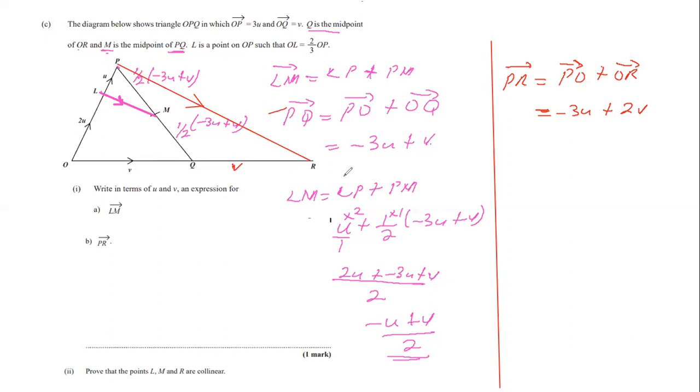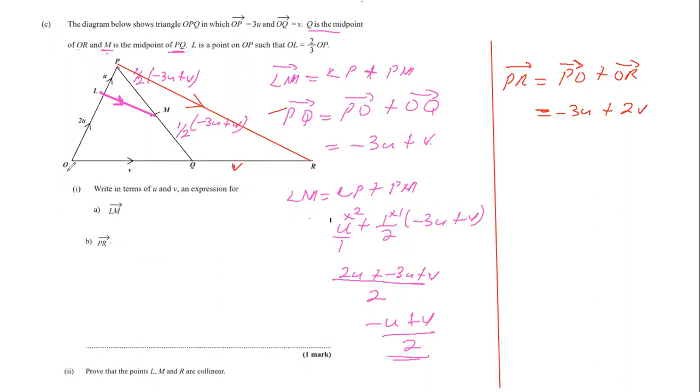All right. Next. Then they say I should prove that L, M, R are collinear. Collinear means a straight line, right? How do I prove that points are collinear?